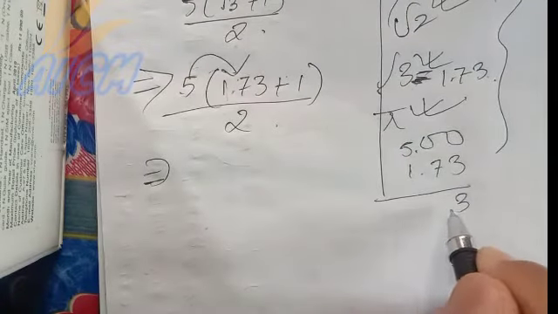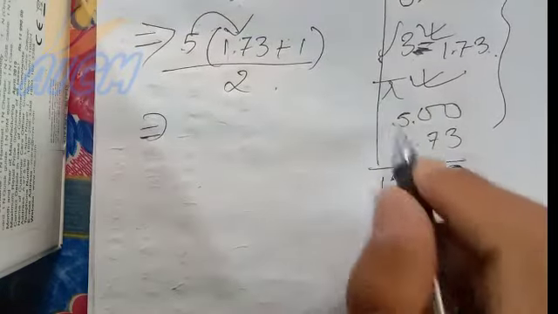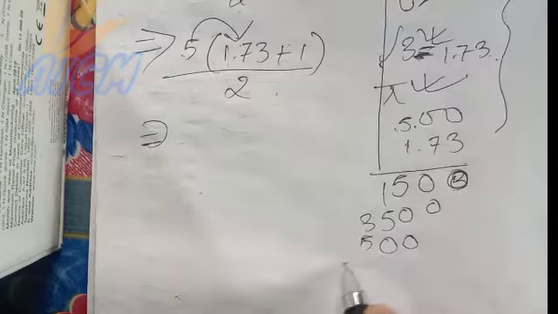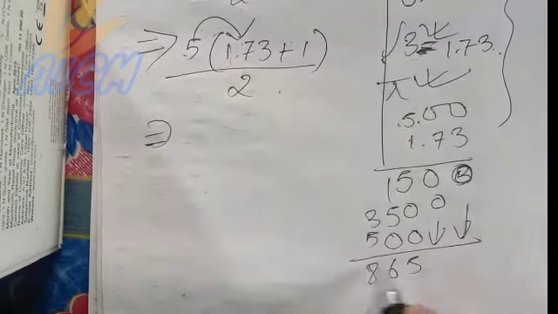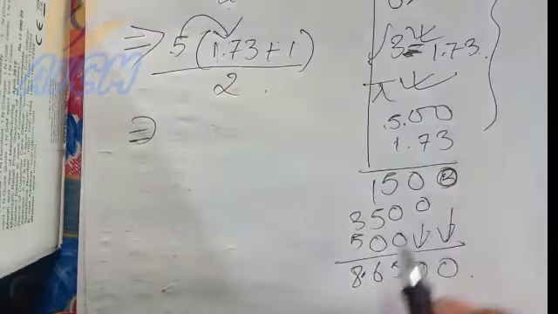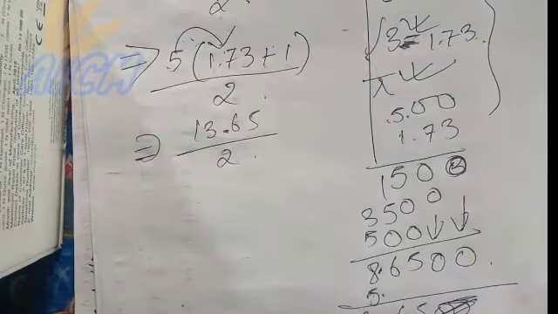Multiplying gives 8.65, and then we add the 5. So we have 8.65 plus 5, and we have 13.65 divided by 2. Now this is the answer that we get.